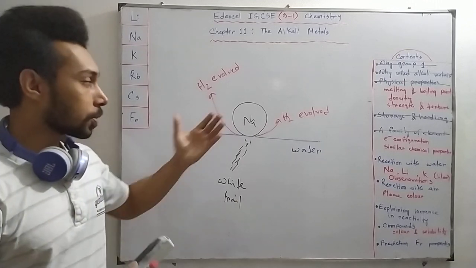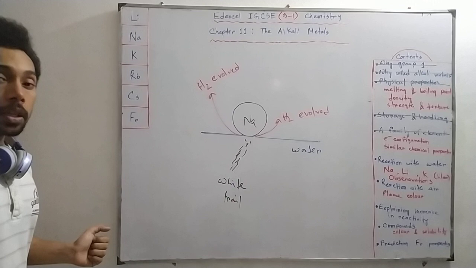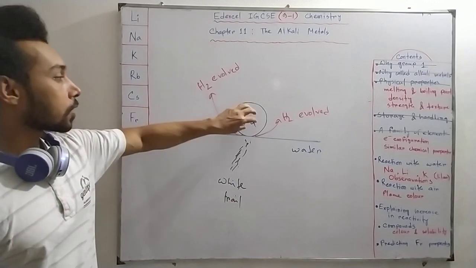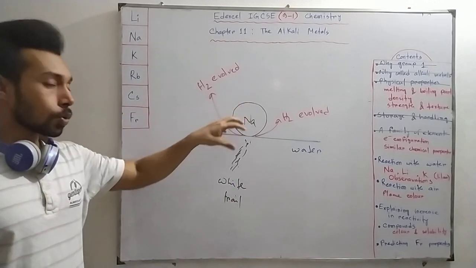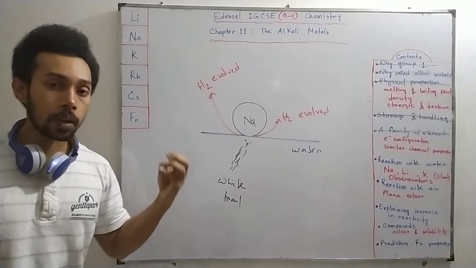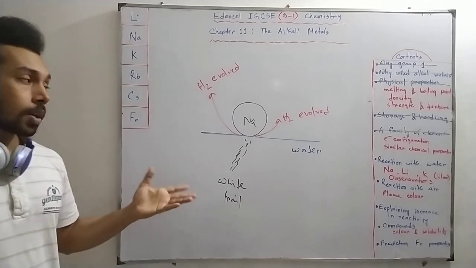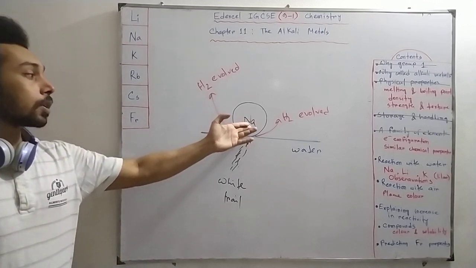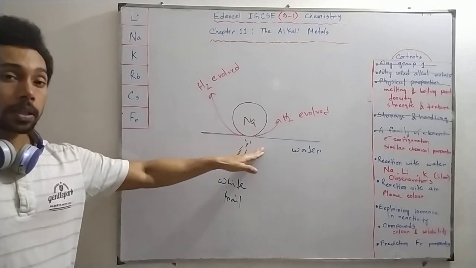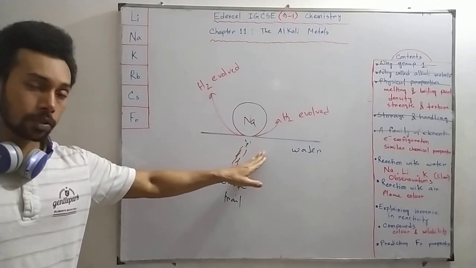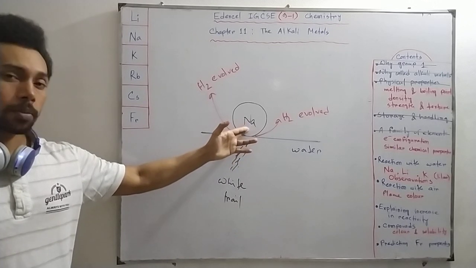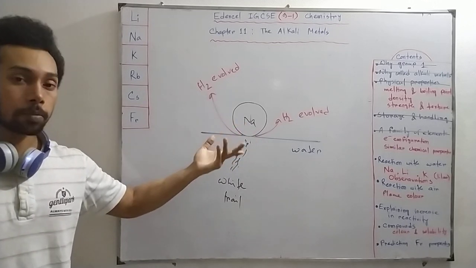Next observation, you'll notice that the piece of sodium melts into a smaller ball because the reaction between the sodium and water is highly exothermic, and again sodium has a very low melting point.